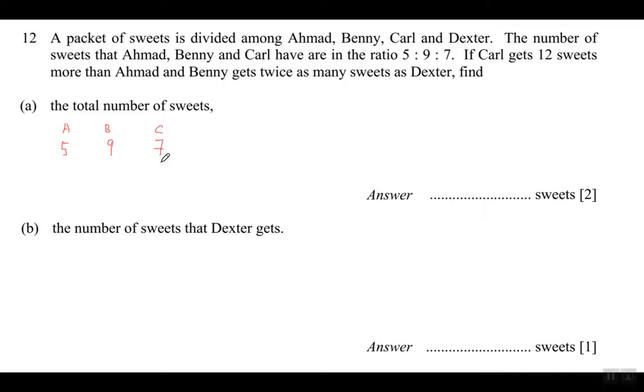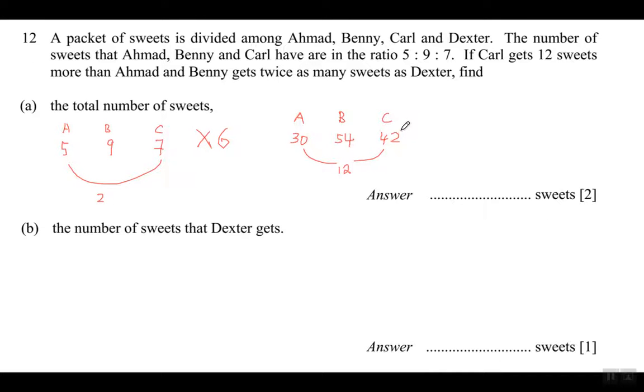And if Carl is 12 more than Ahmad, now the difference is 2. So if it's 12, I need to multiply everything by 6. So I got A, B, C: 30, 54, and 42. So now the difference between them will be just nice, it's 12.